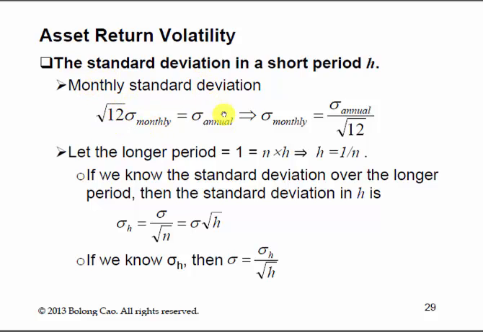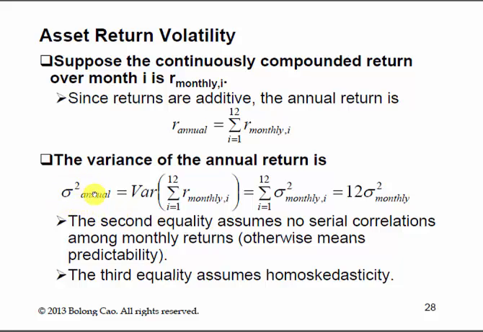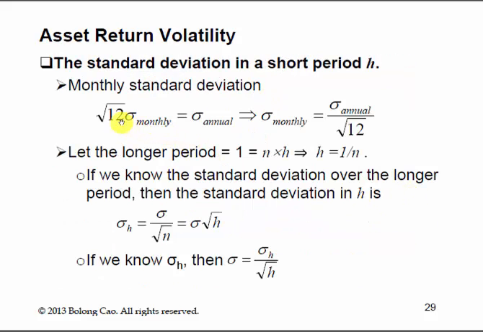So if this is the relationship, the annual variance equals 12 times the monthly variance. If that is the relationship, take the square root on both sides. So square root of 12 times the monthly standard deviation of the asset return equals the standard deviation of the annual return.